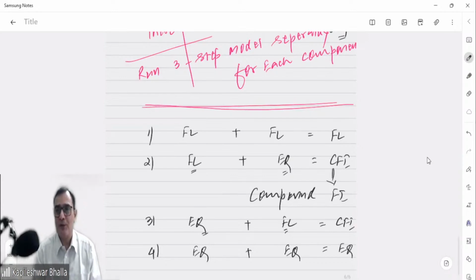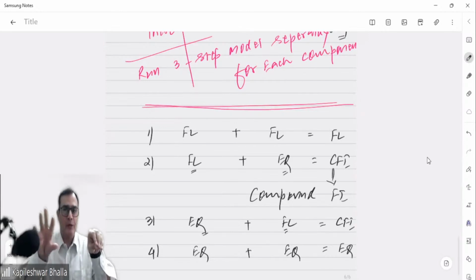So moral of the story, the change I made now to my three-step model, change number one. And what is change number one? If your mode of payment is different for the two components, you need to run your three-step model twice. You need to first of all decide what the principal component is: is it FL or equity?